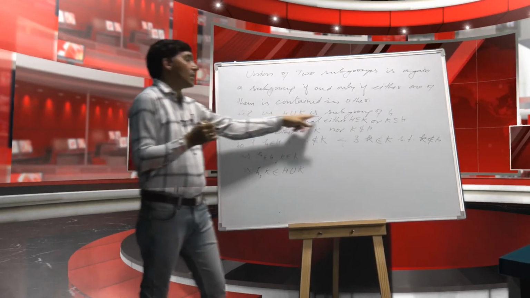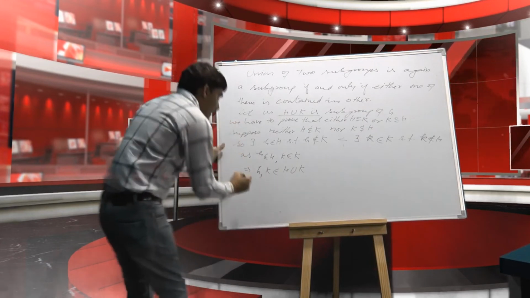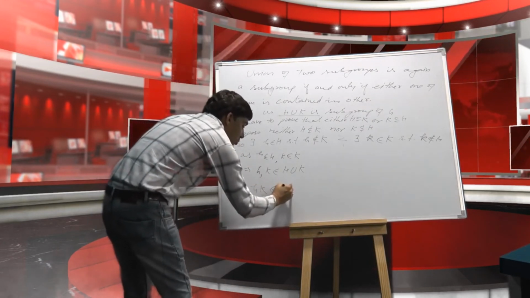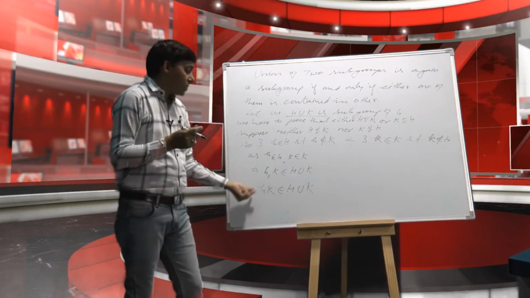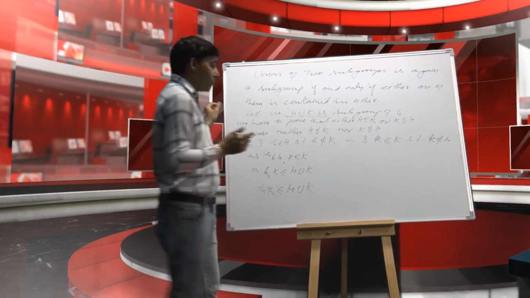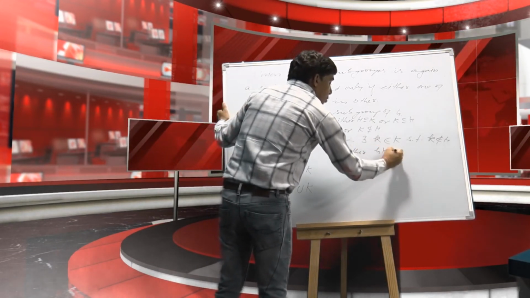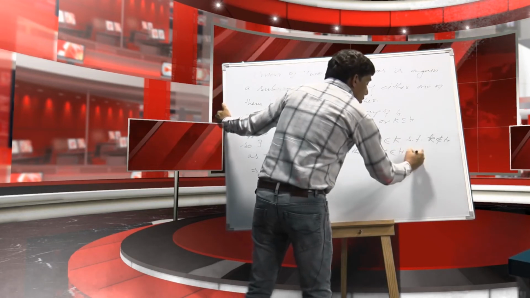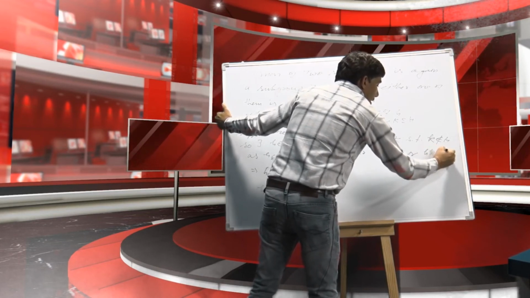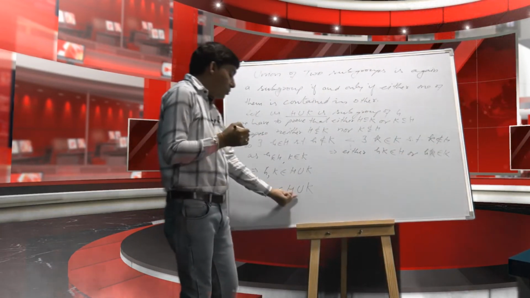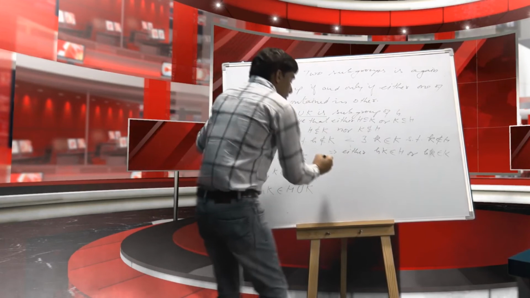So by the closure property, if two elements are in H union K, then their product is also in H union K. This implies hk belongs to H union K, that means hk either belongs to H or belongs to K.